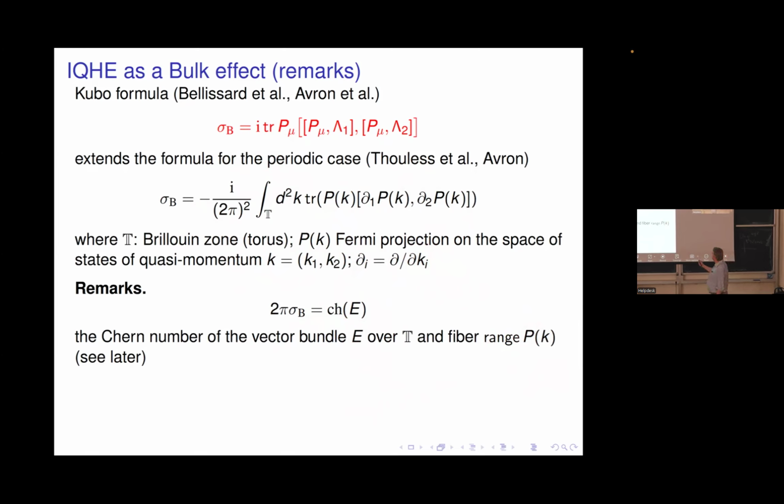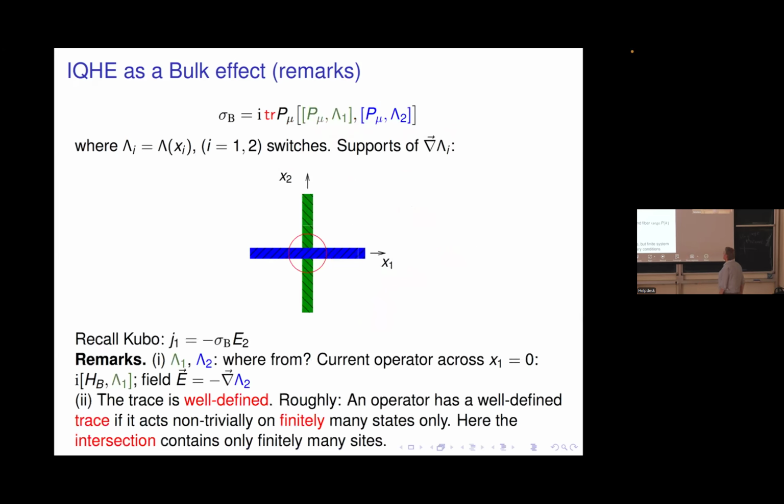But for now, we leave the periodic case again, and we come back to this formula. It pays to just think whether the formula is well defined, and what relation it has with the original Kubo formula, which just is the coefficient of proportionality between the current, say in the one direction, and the electric field in the perpendicular direction, which would be the two direction.